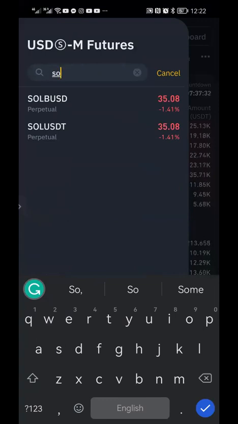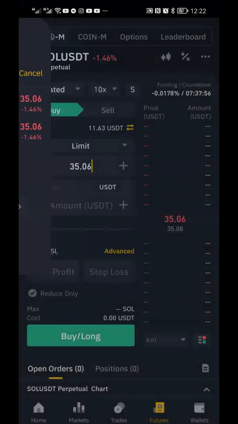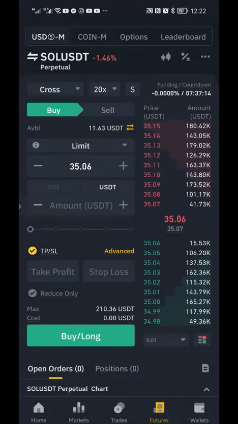Now we have two stable coins, BUSD and then USDT. We'll go for the USDT because that's what we have in the account. So USDT, we select it. Now you have seen that something has changed.